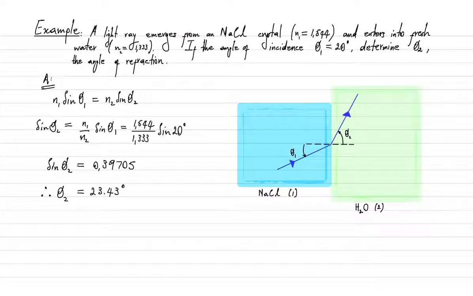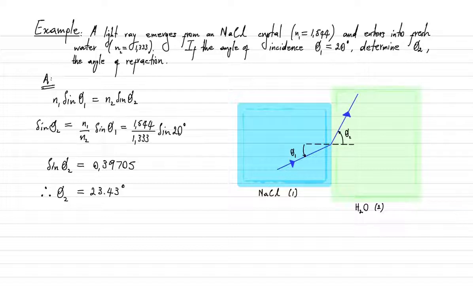Now, if the angle of incidence, that is this angle here, is equal to 20 degrees, what is the angle of refraction? What is the angle of refraction in the second medium, that is water?